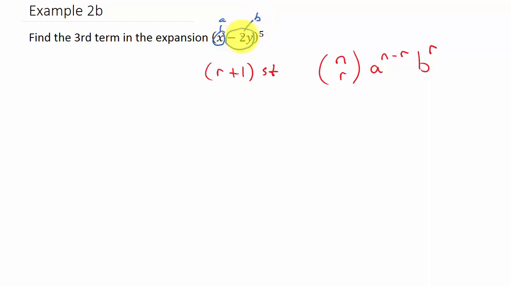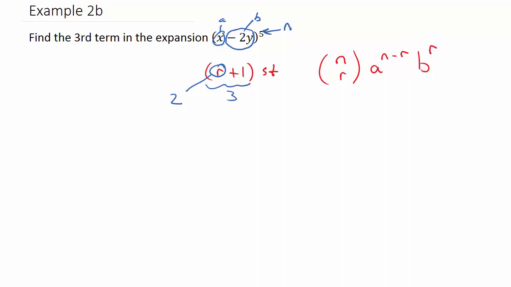Because in the formula it's a plus b, that means b is going to be the negative 2y. This number is n, and then remember the third term is the r plus 1. That's what the 3 is. So that means r is 2. And now we just plug everything in.